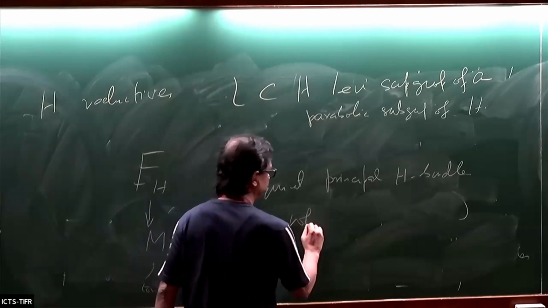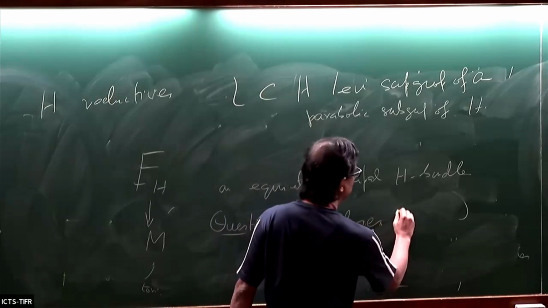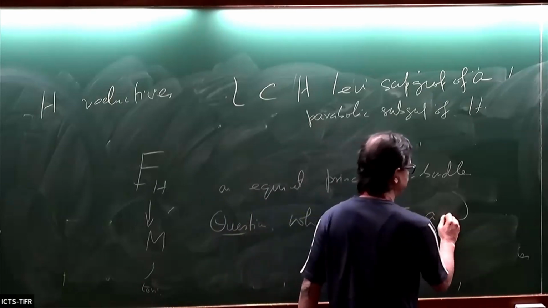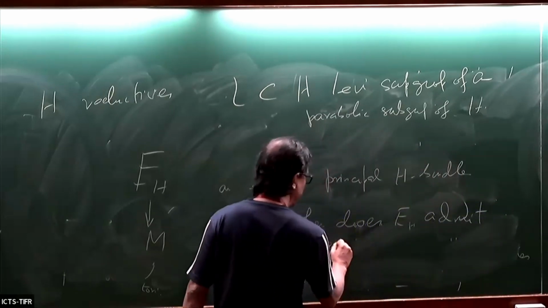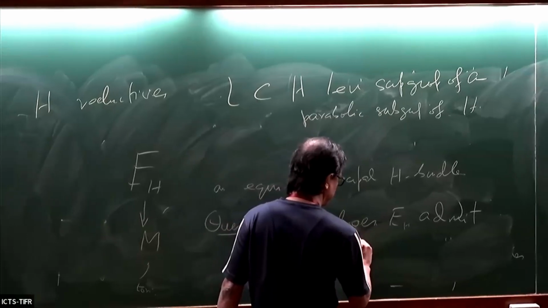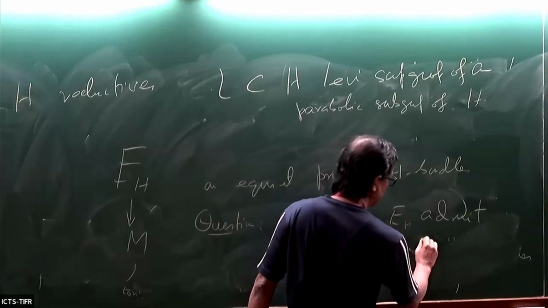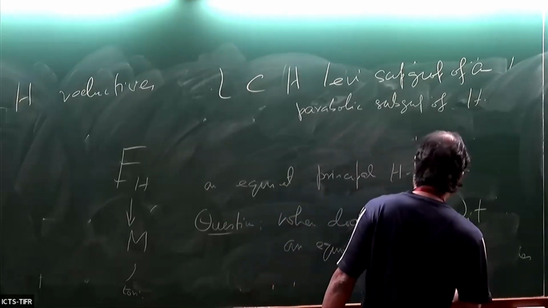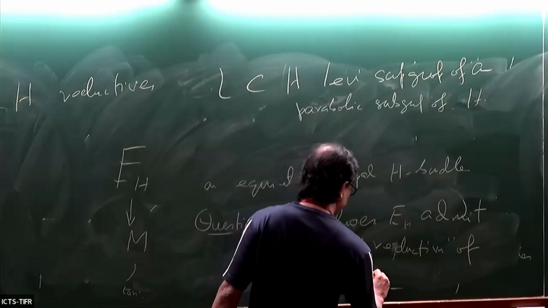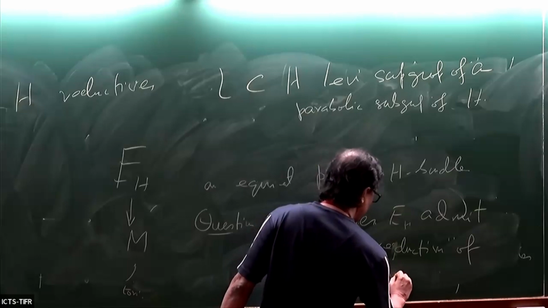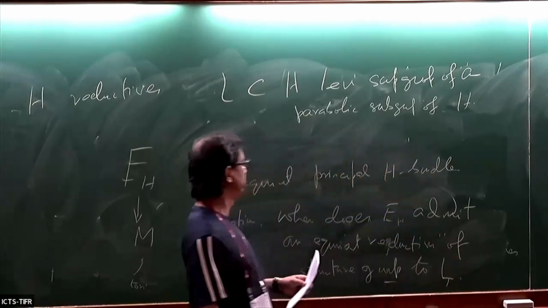When does E_H admit an equivariant reduction of structure group to L, to the Levi subgroup?